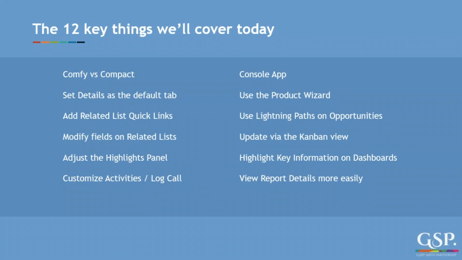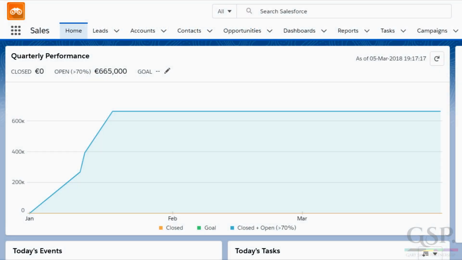No, generally. I don't know if I've got an example of it here. Let's have a look. If you're familiar with it, it's the chart that appears on the home page. I think it's a somewhat blunt tool. It's quarterly.